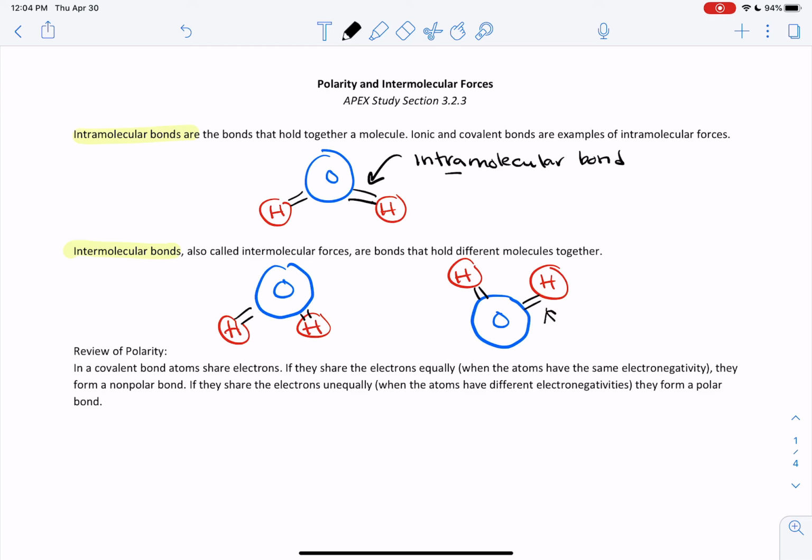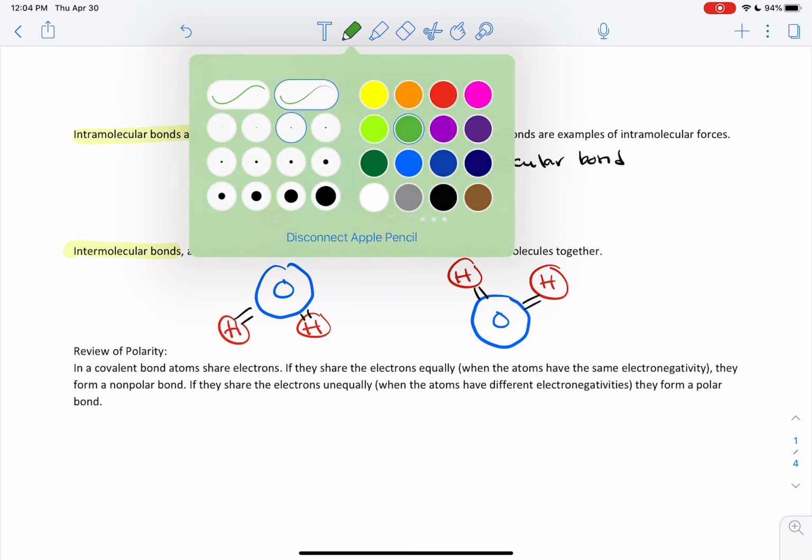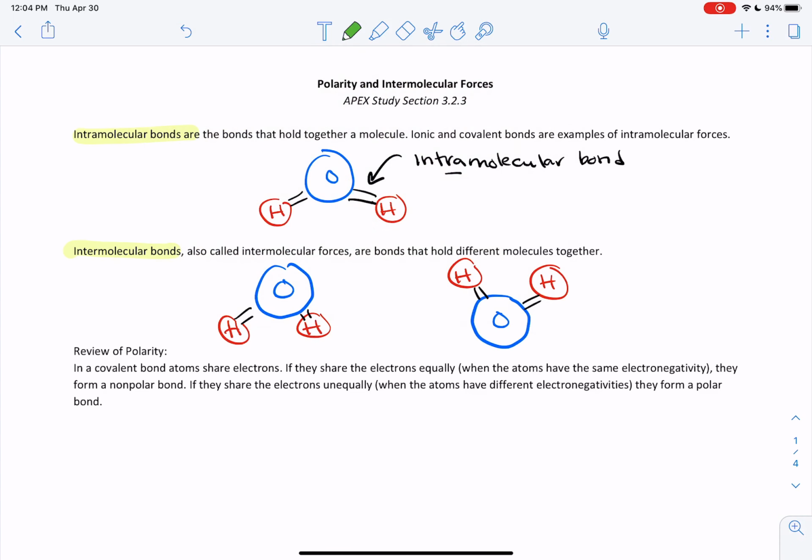They still exist, okay? But if we have two water molecules and they are attracting to each other, then they also have intermolecular bonds, okay? So this attraction between different molecules is an intermolecular bond, okay? All right, so that's the difference between intra and intermolecular bonds.